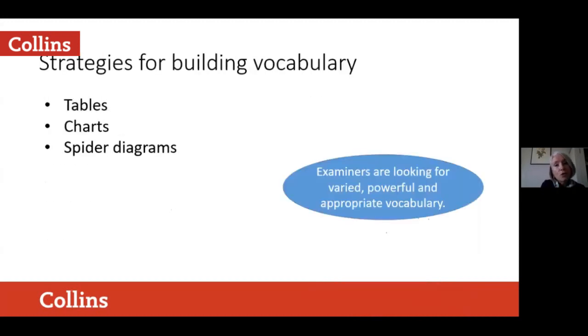So let's come on to how we can help students develop some of these vocabulary skills. Examiners, remember, are looking for varied, powerful and appropriate vocabulary, both in terms of what they understand in the reading passages that we've just looked at, but also in terms of how they write.